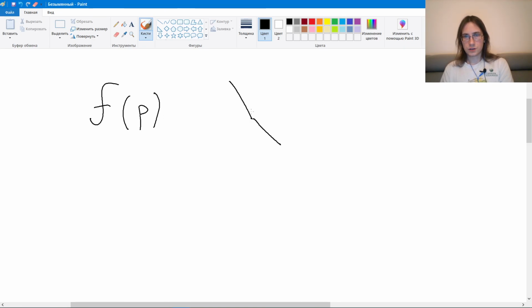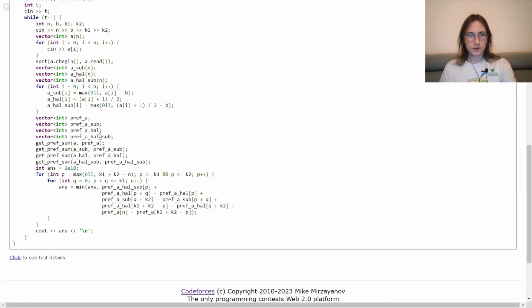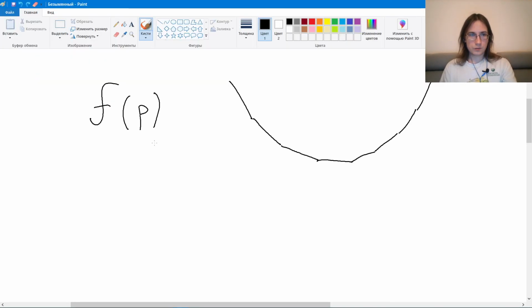So the change from this p to the next p is, for example, -10, then it's -8, then it's -4, and then it's 0, and then it becomes positive, for example, 2, 4, 6, and so on. So the change always increases. There is no proof for it, but it's true that f of p is convex.